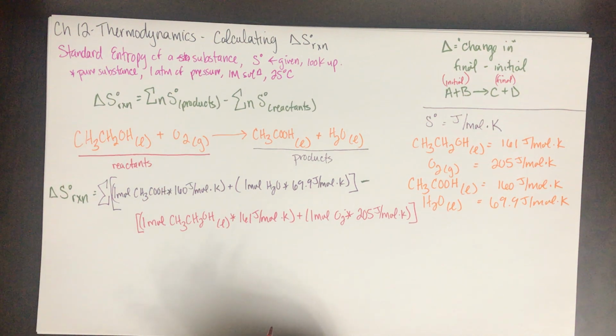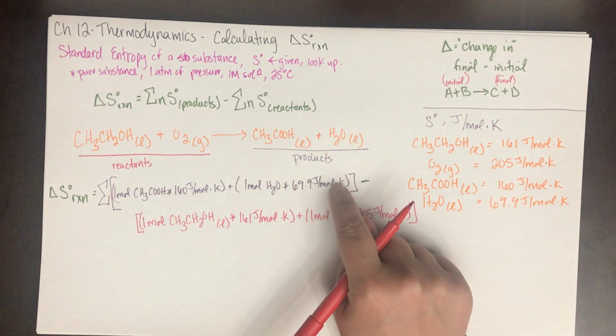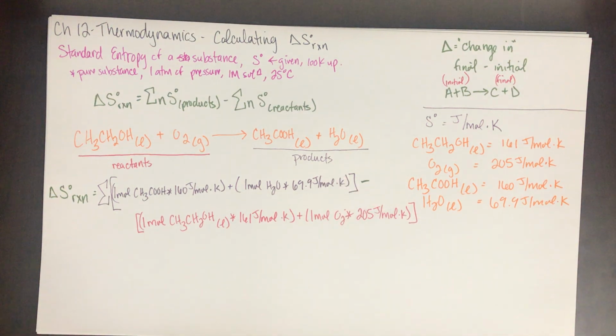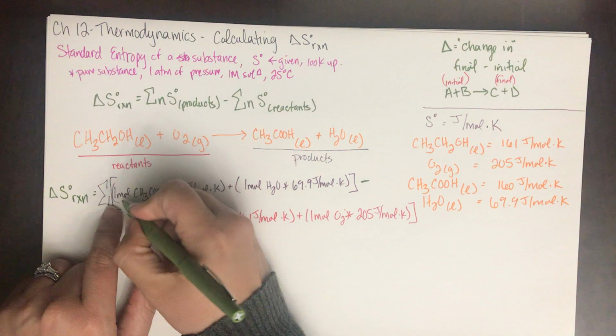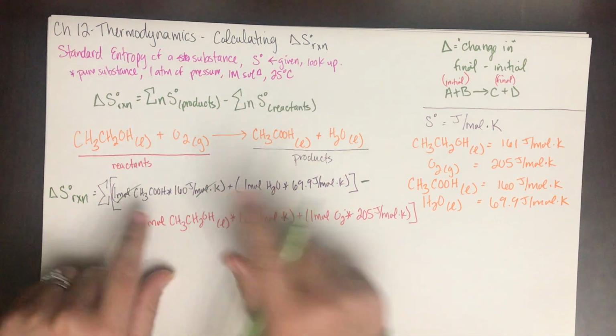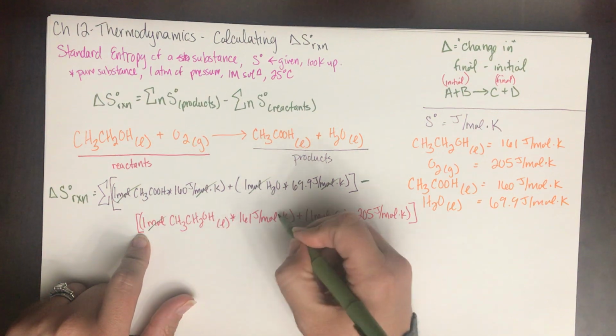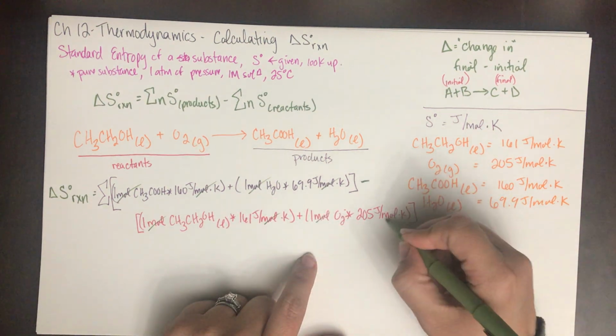So when you do this, you should get something like 229.9 joules per Kelvin, because remember it's 1 mole and then this is joules per mole Kelvin, so the moles cancel.